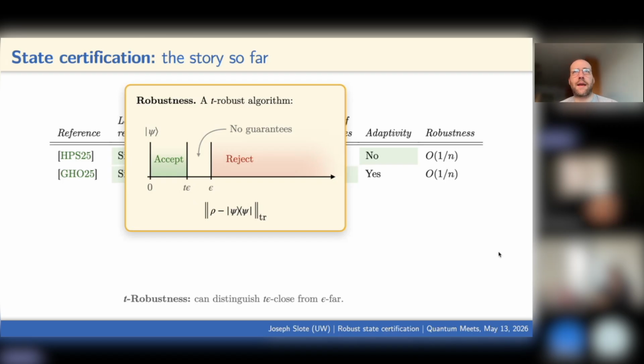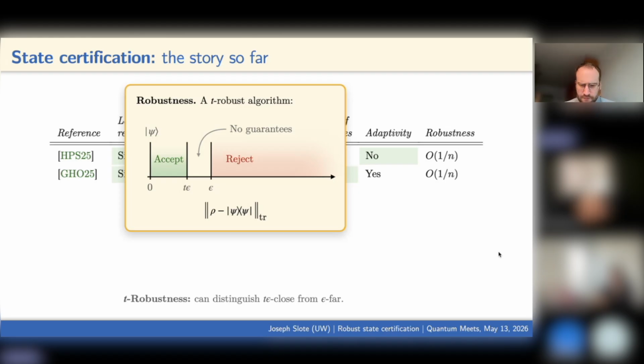So if I'm an experimentalist trying to make larger and larger quantum systems, in order to certify that the systems are correct using these protocols, as the system size grows, I also have to improve the accuracy of the system very, very quickly. And this is not always feasible in realistic experimental settings.